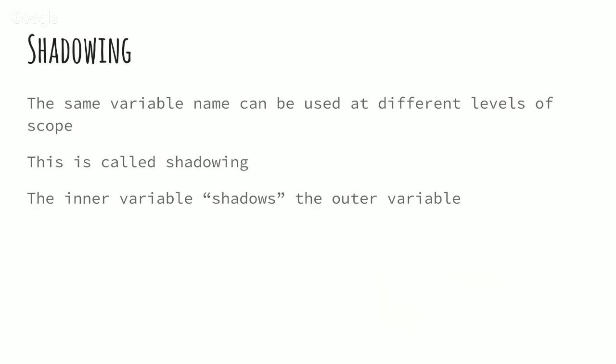And also, the shadowing thing, you can do this in any language, I think. Shadowing is where you define a method or a variable, and that variable still exists in scope, and you define it at a different level but still in scope, and it overrides the outer variable.